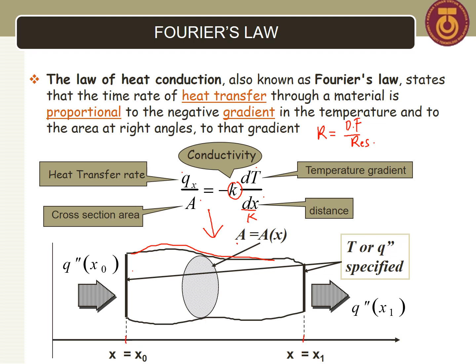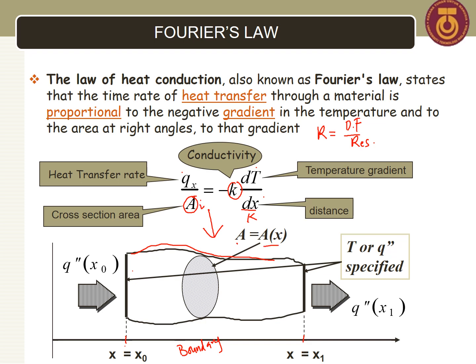We see our boundary, the boundary is from x equals x naught to x equals x1. You can see when x changes, A also changes. So that's why when you derive the equation, this A should be in terms of x.